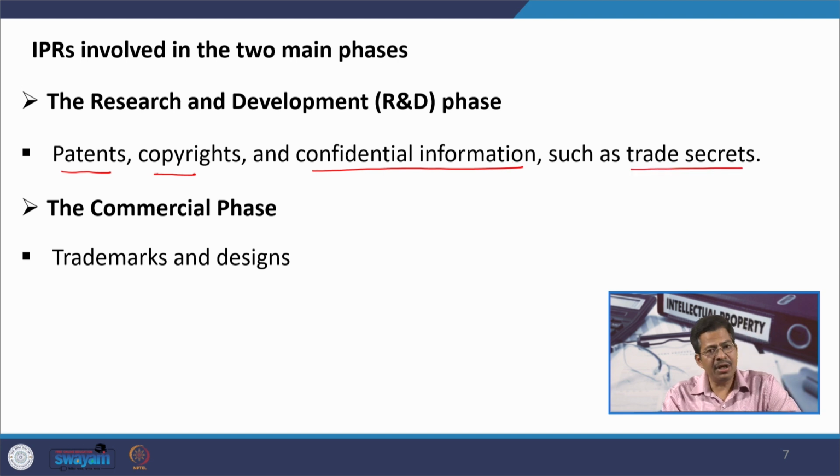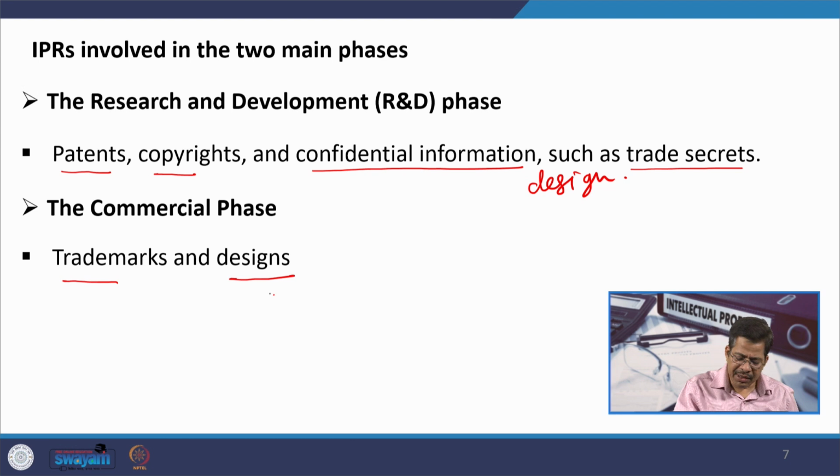And when you go to the commercial phase, the trademark and designs, though this division of IPs in two phases is not very sacrosanct. It is always possible that you can think of using design in this phase also, and when you are in the commercial phase, you think of a new product at that time, and patent and copyright may be here also.